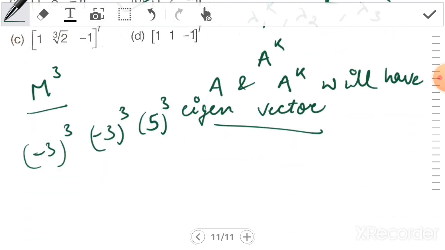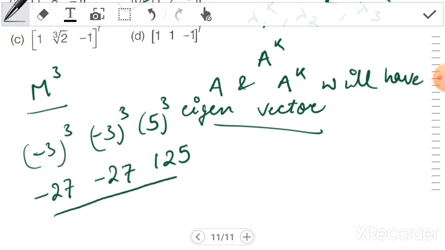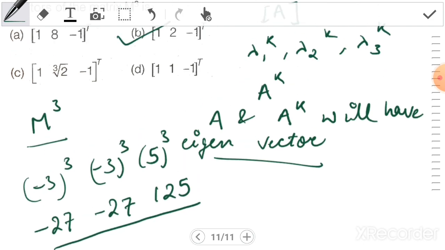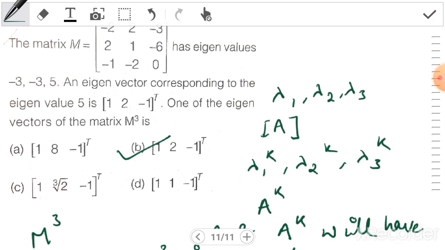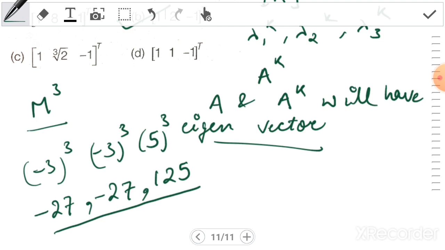That is -27, -27 and 125. So M cube has eigenvalues -27, -27 and 125. But the eigenvector will be the same corresponding to that eigenvalue. Clear?